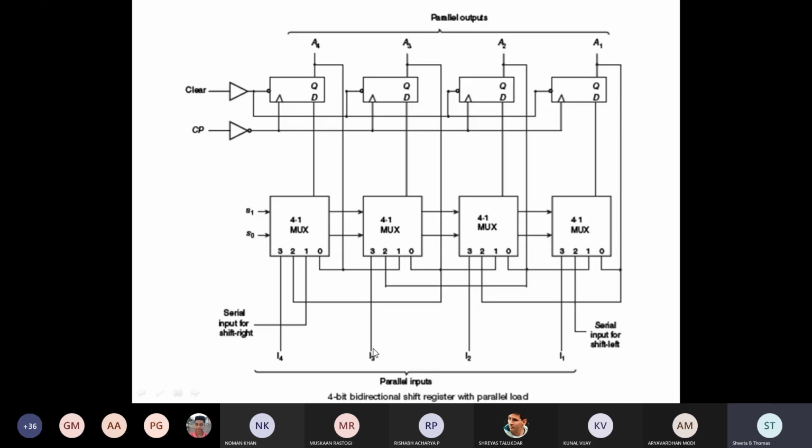If you see this circuit, the serial input for shift right has been given to terminal 1. For shift left, it is given to 2. And for parallel load, it is given to 3. So not much is there.